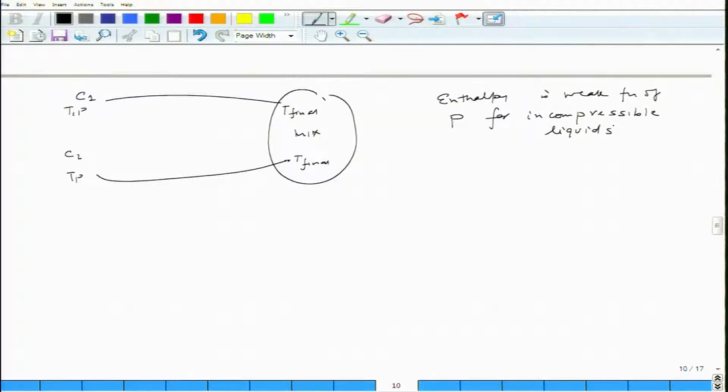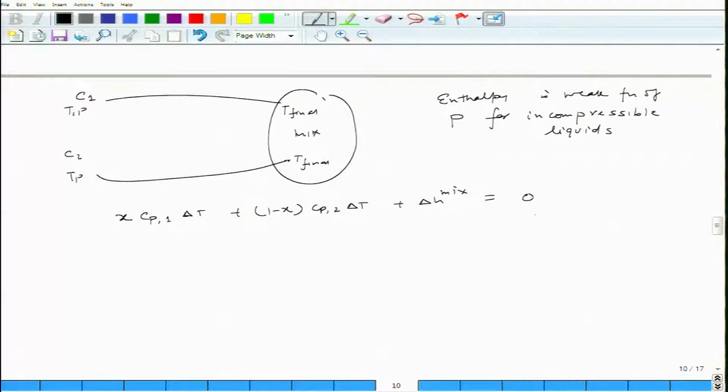So, what we are doing is taking component 1 to T final, which we do not know, and similarly component 2 to T final, and then we are going to mix it. Okay. So, with this we have the composition of ethanol X multiplied by Cp1 delta T plus 1 minus X Cp2 delta T. Okay. This plus whatever the change in the enthalpy due to the mixing, this must be 0.